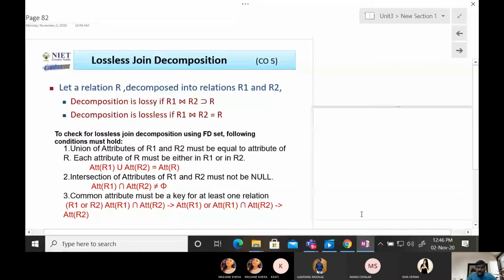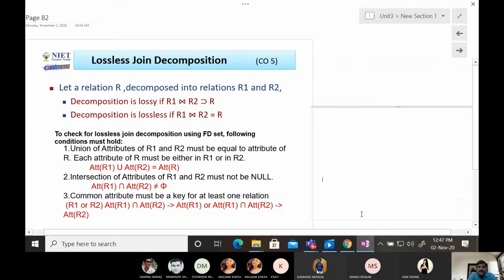Well, in the last lecture, I told about normalization and how we decompose a given relation up to second normal form, up to third normal form, and up to BCNF. If any relational schema has partial dependency, then we decompose that relation with respect to that partial dependency to transform it into second normal form.